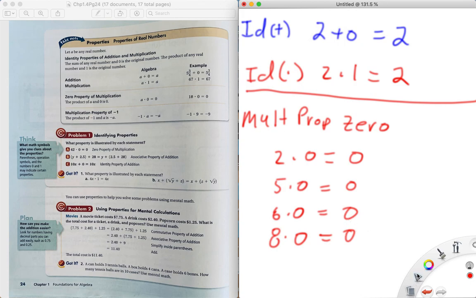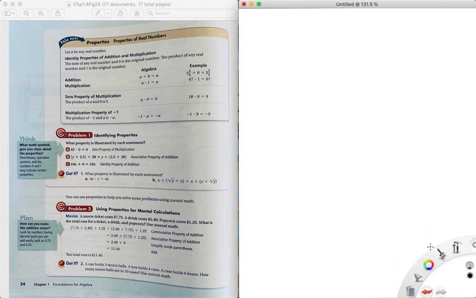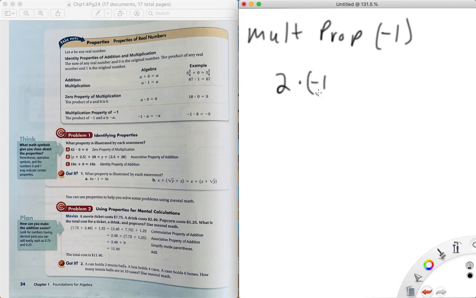Then we have the multiplicative property of -1, which says that if I multiply a number times -1, that's going to be its opposite, its inverse.